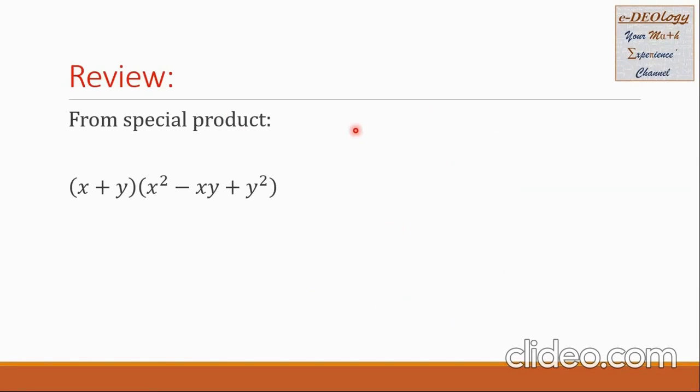First, let us review our special product when we multiply binomial times trinomial of this form. So x plus y times x squared minus xy plus y squared. The product is x cubed plus y cubed.